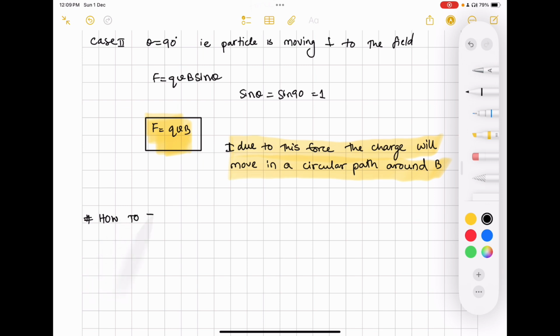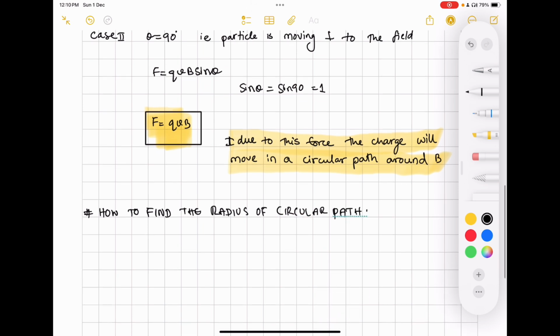How to find the radius of the circular path?